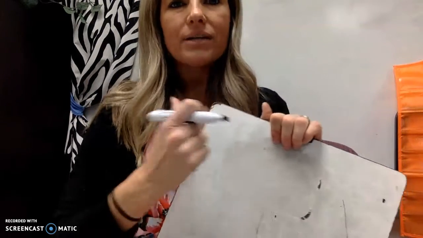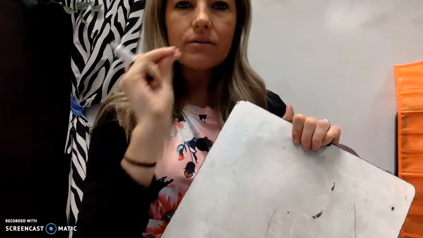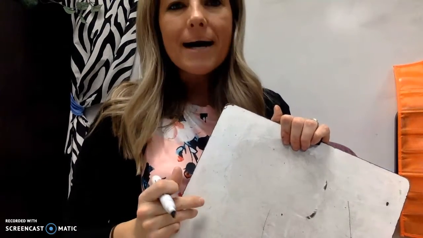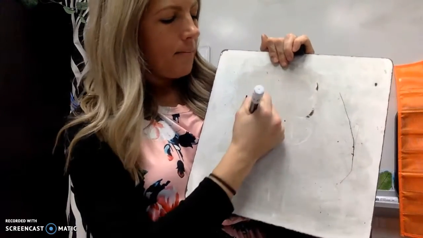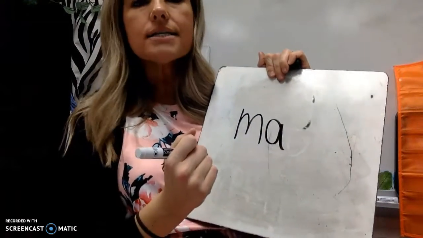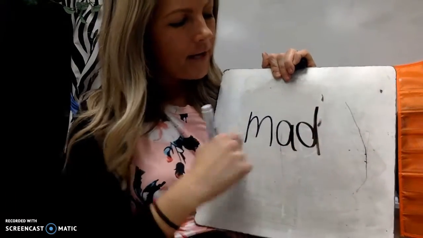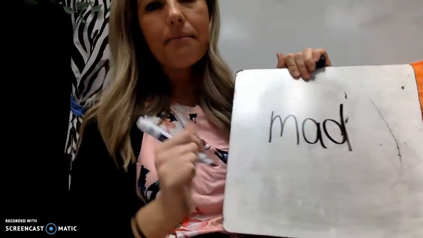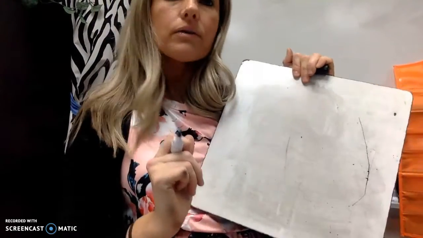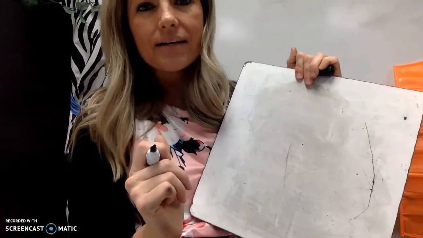If I don't know how to spell a word, I always sound it and stretch it out so that I can hear those sounds, so that I know what letters to use. M, that's an M, m, a, D, m, a, d, mad.